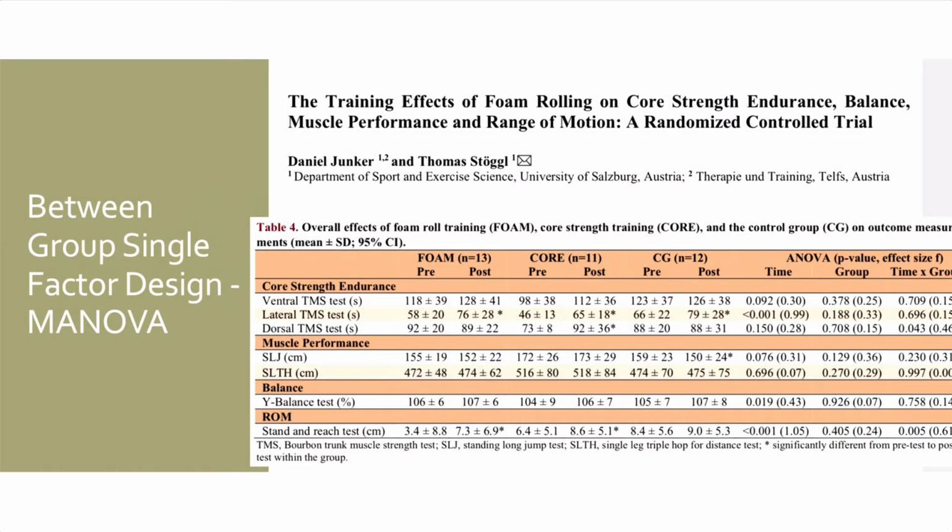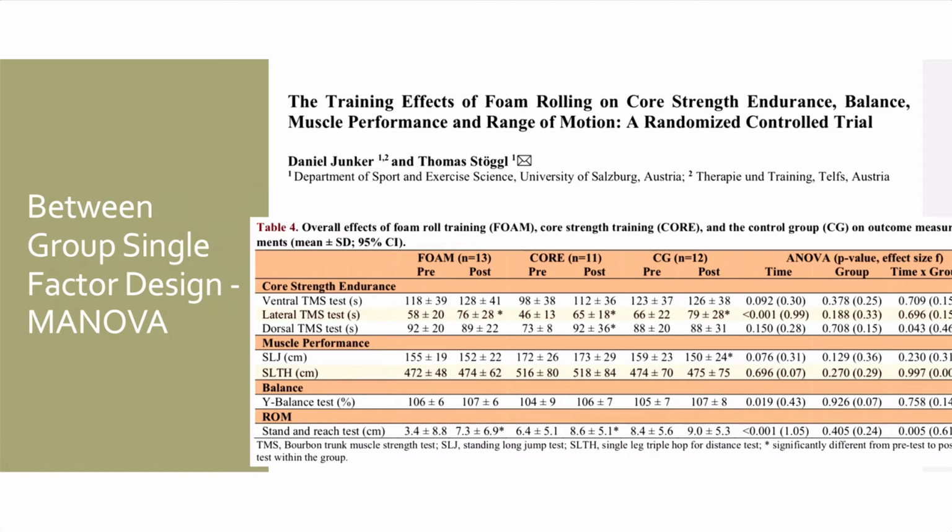This article is another example of a between group single factor design. In this study, which is titled The Training Effects of Foam Rolling on Core Strength Endurance, Balance, Muscle Performance, and Range of Motion, the authors had a group of subjects and randomly assigned them to one of 3 different treatment groups.